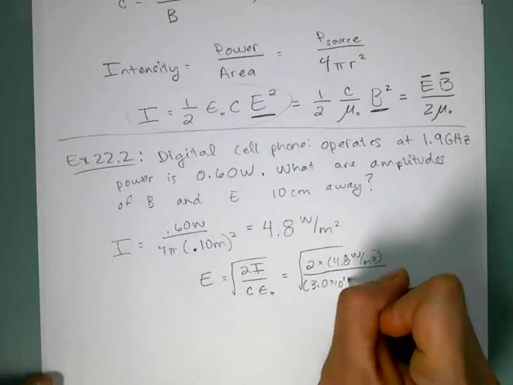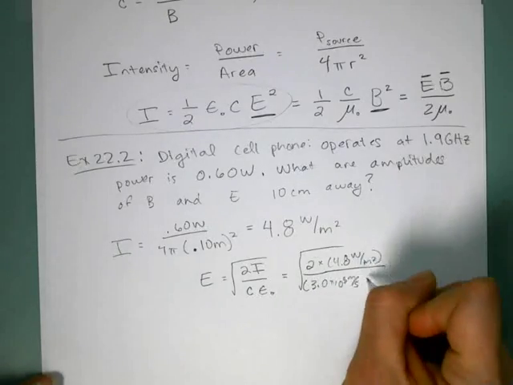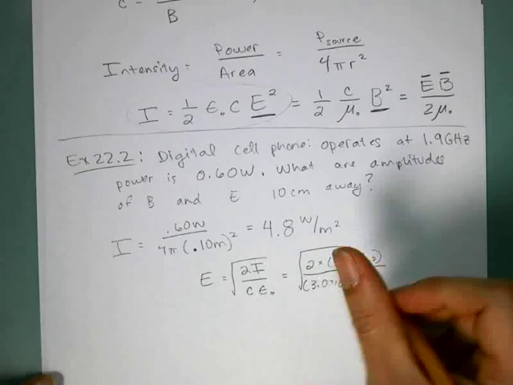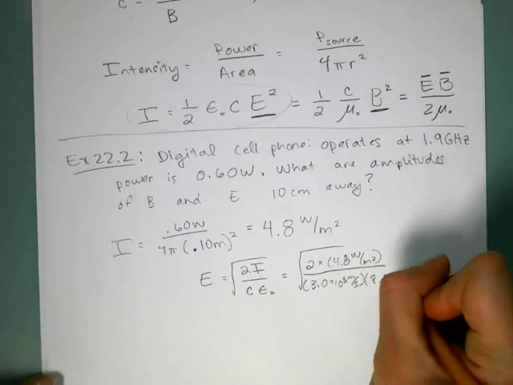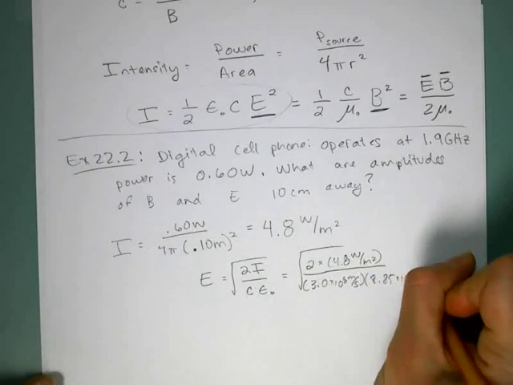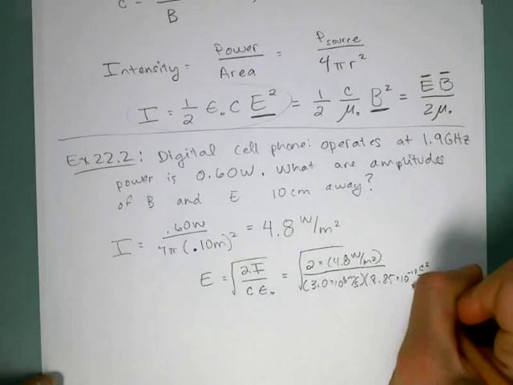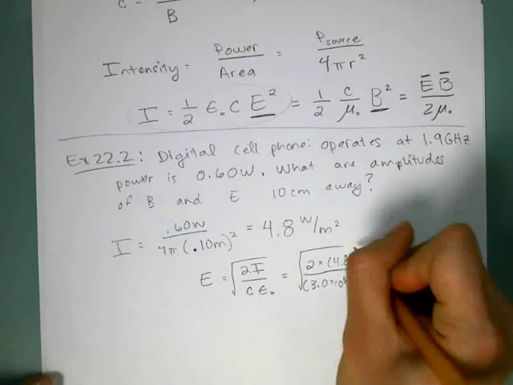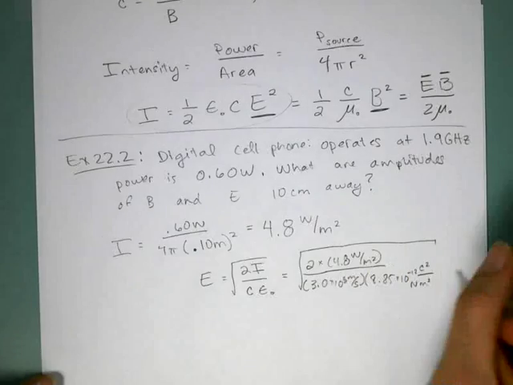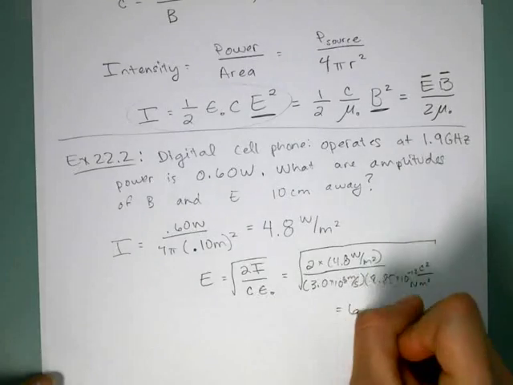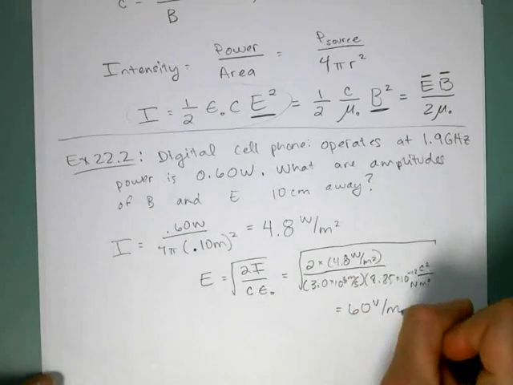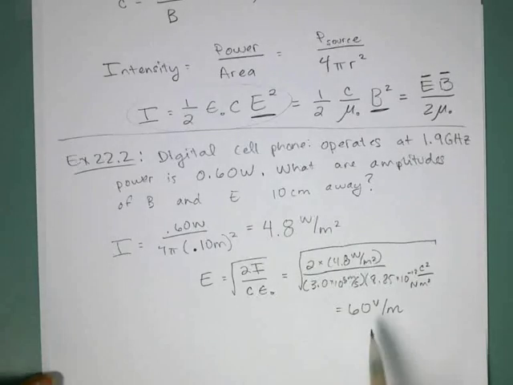So that is 2 times 4.8 watts per meter squared divided by 3 times 10 to the 8th meters per second divided by epsilon naught, which is 8.85 times 10 to the negative 12th coulomb squared per newton meter squared. And that is 60 volts per meter.